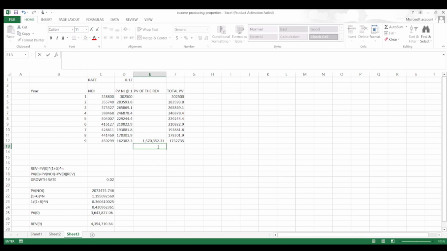So now our present value will be equal to a sum of all of these present values. Those are the different ways in which we estimate our reversionary value and use it to calculate the current value of the property.